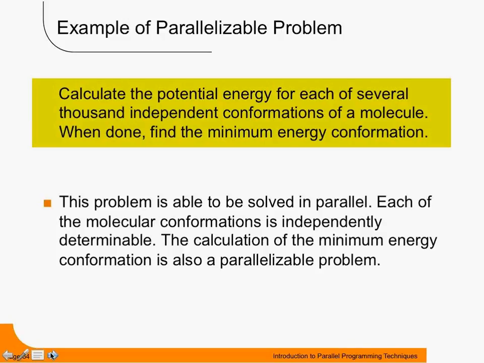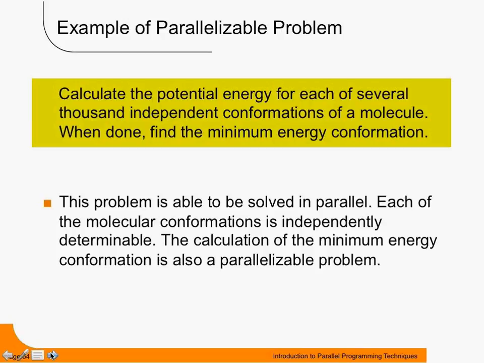When done, I have to find the minimum energy conformation. The potential energies are computed for independent conformations, so I can calculate those in parallel, and then, as a result, I can do the finding of the minimum energy.